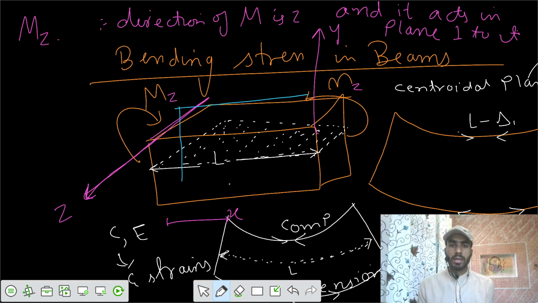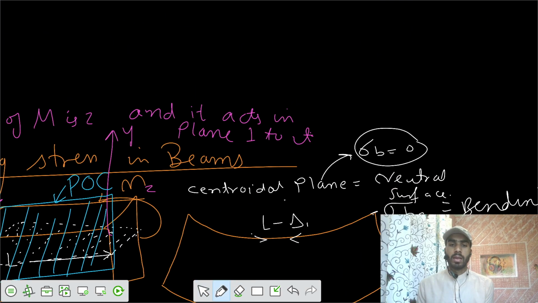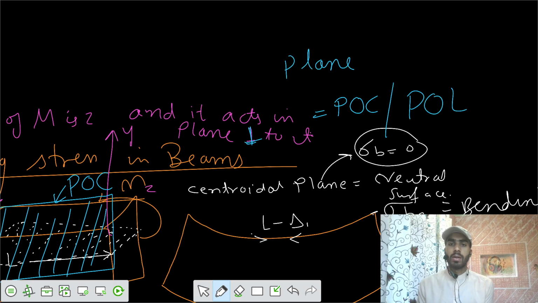Let's say this is the plane on which the bending moment is acting. This is an imaginary plane that is called the plane of couple, perpendicular to the moment z direction. So plane of couple, or we can say plane of loading.